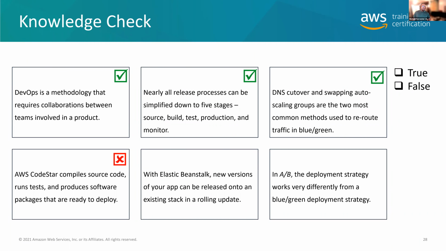Okay. With Elastic Beanstalk, new versions of your app can be released onto an existing stack, and you can do a rolling update. Is that true or false? Can you roll out new versions of your application? Because we know we can do in place, but can we also just roll out a new version one instance at a time?